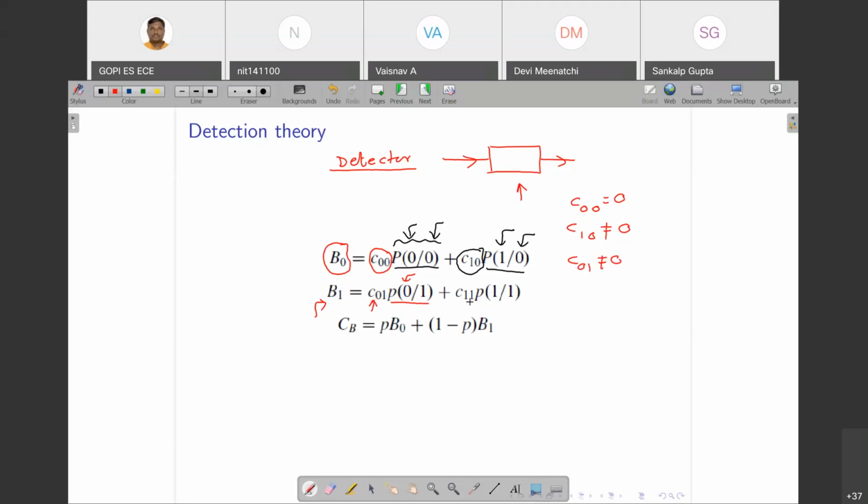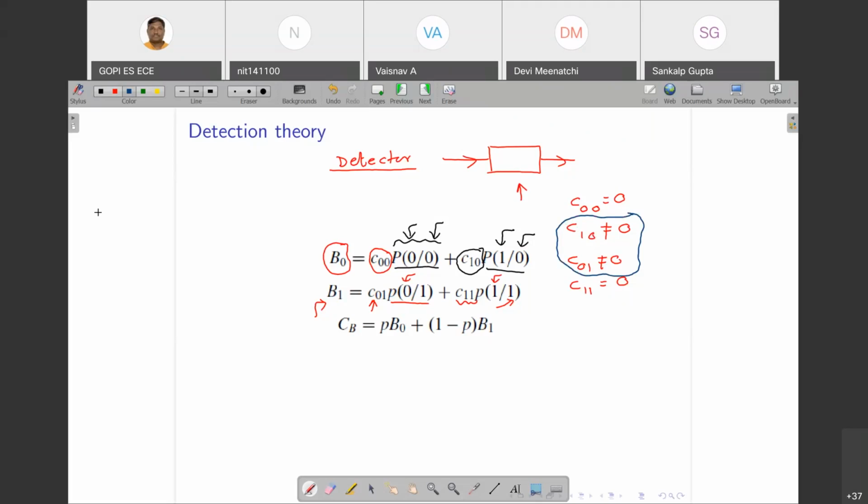But when 1 is transmitted and you are declaring that it is 1, usually we can fix this C11 as 0. But we are having two different cost constants, C10 and C01. Why should we have two different values for C01 and C10?